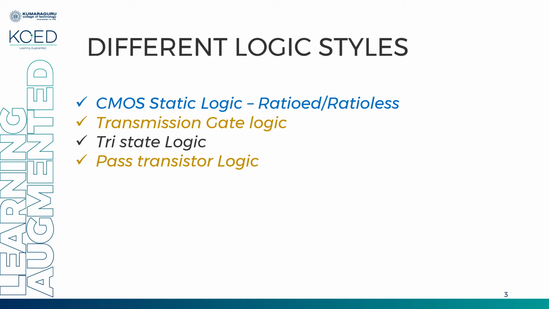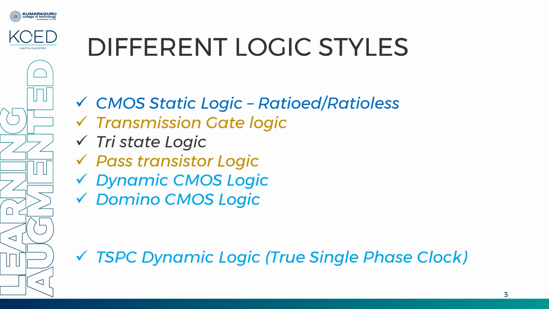pass transistor. So a transmission gate and pass transistor itself can act as a tri-state, and what is meant by tri-state, we'll be seeing in that also. And we have dynamic, that is for dynamic circuits or circuits involving a value. When you go for combinational or static circuits, it is just a variable value.